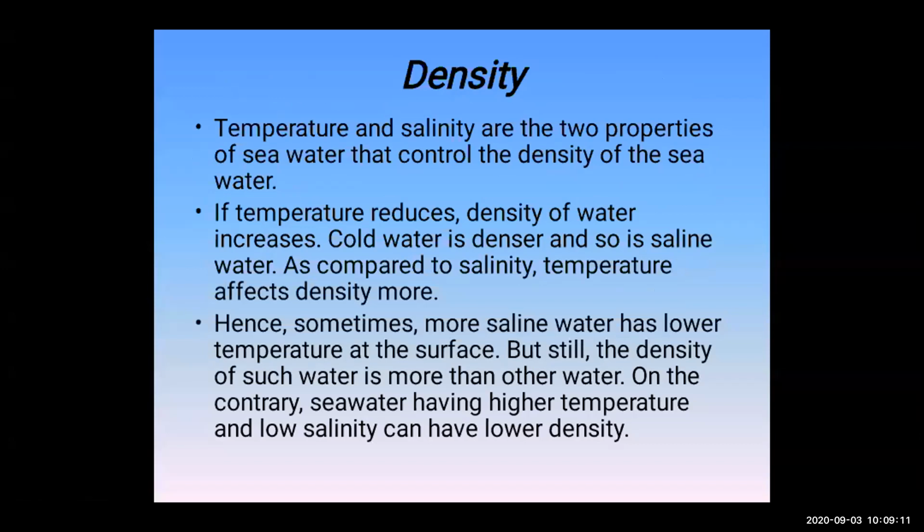Here they have explained that in hot water the density is low, but in cold water the density is high. Whenever there is hot water, the density is low, and when the water is cool, the density is high and it converts into ice.